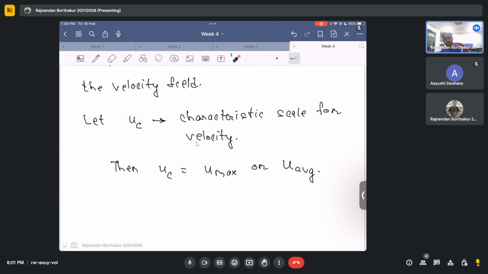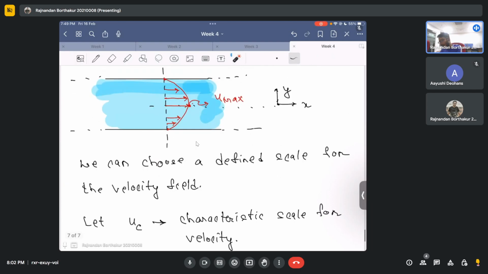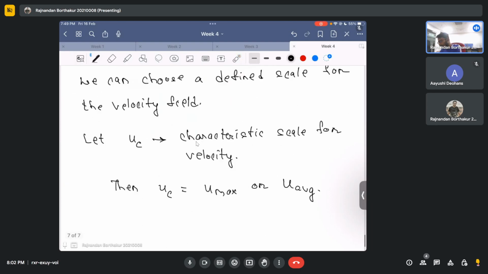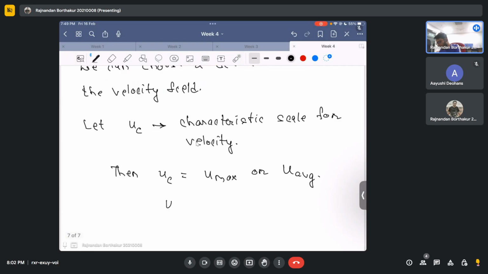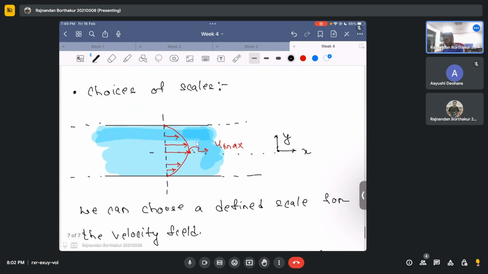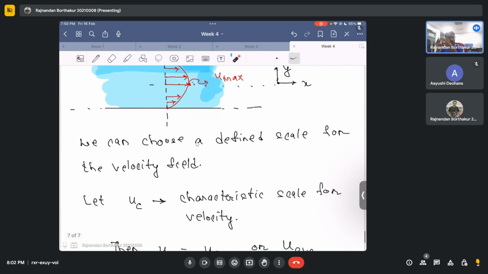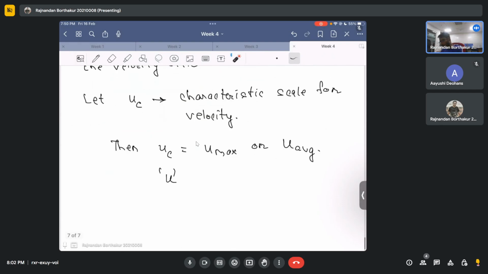But the idea of choosing this characteristic scale is that if I now consider a velocity field, let's say U in the x direction, the magnitude of U should be of the order of this UC.